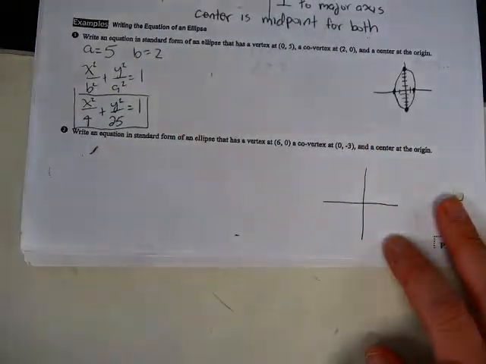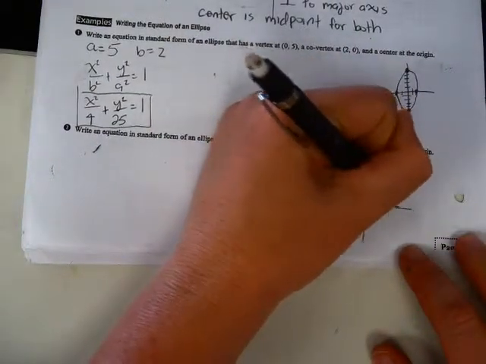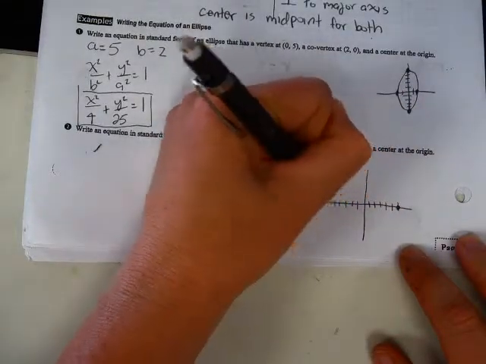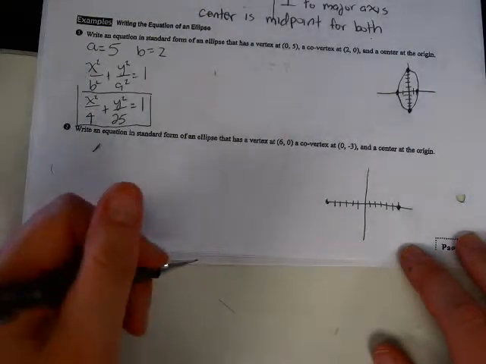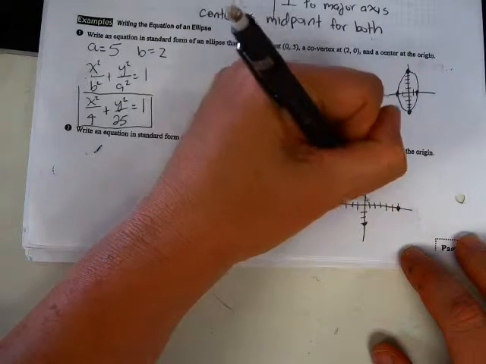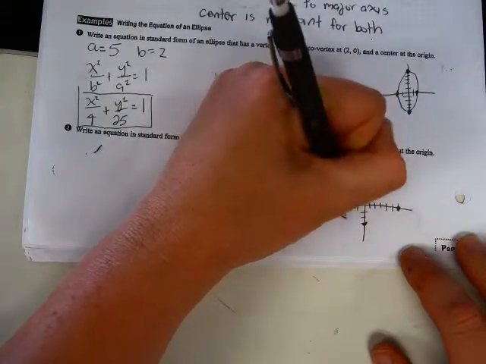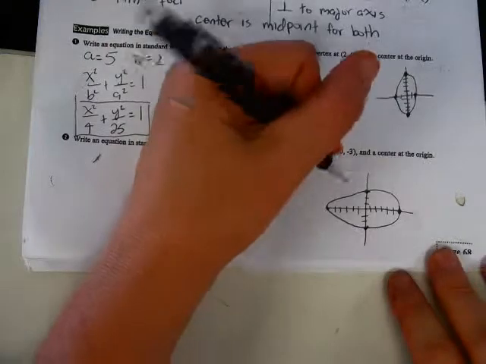Center at the origin, vertex at 6, 0, co-vertex at 0, negative 3. I'm going to sketch my ellipse. It's pretty bad. That's worse than the other one.